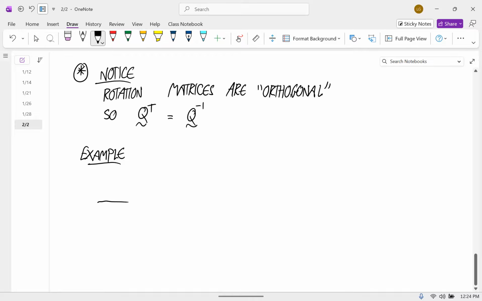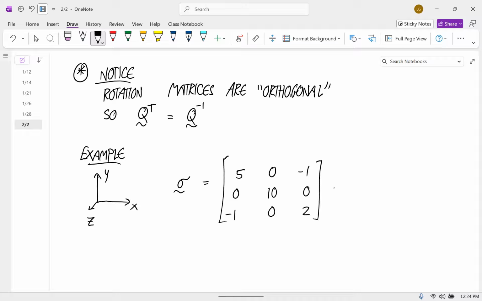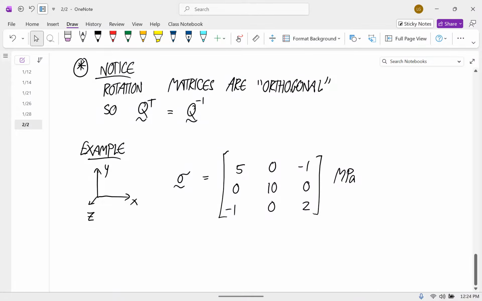So in this coordinate system, let's say that we have a stress tensor of 5, 0, -1, 0, 10, 0, -1, 0, 2 in megapascals. And check that real quick and make sure that's an allowable stress tensor. It's symmetric, so that works.